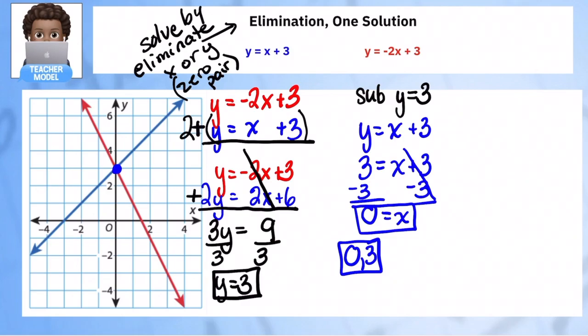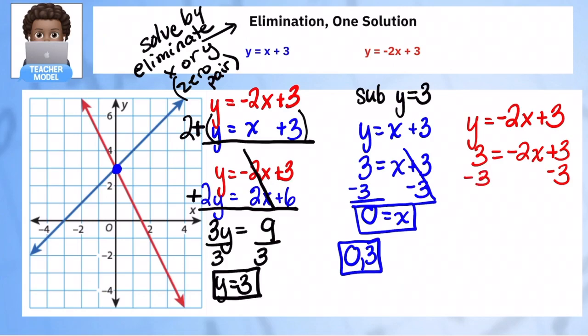And just to verify, I'm going to do the other equation as well. y is equal to negative 2x plus 3. 3 is equal to negative 2x plus 3. I want to move that 3 over. 0 is equal to negative 2x.